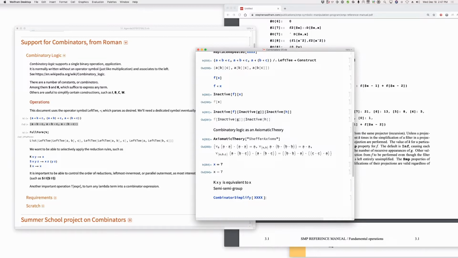We would reduce them out, but that's not going to be possible here. All we can do is say, what's the simplest combinator expression equivalent to this, which potentially could be a combinator expression that doesn't terminate. So combinator simplify could go, you feed it a non-terminating expression, and it returns a simpler one.